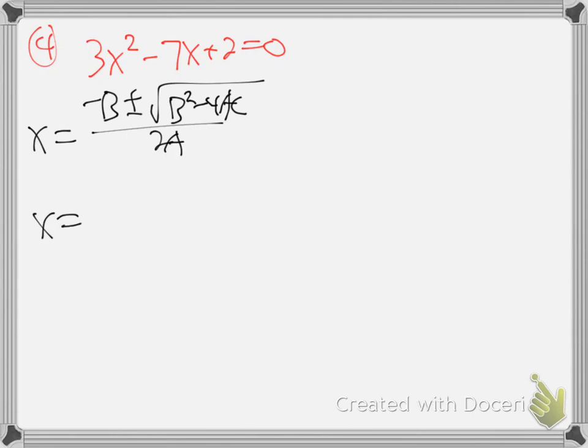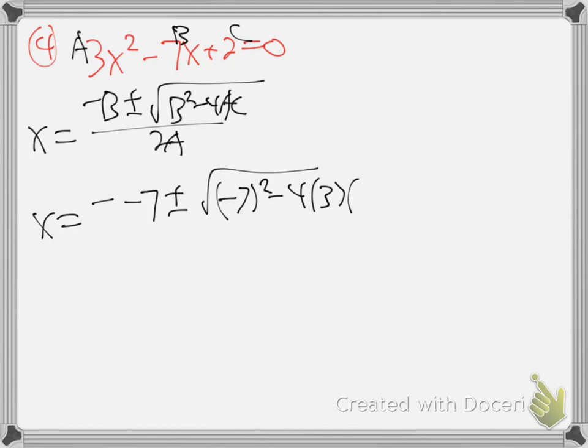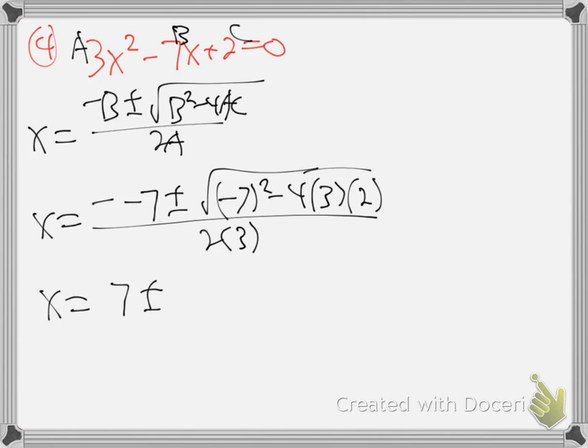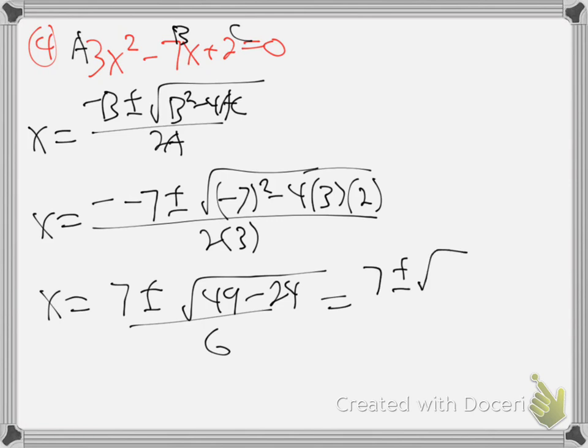You've got your a, b, and c. So x is 7 plus or minus the square root of 49 minus 24, over 6, which is 7 plus or minus the square root of 25 over 6.